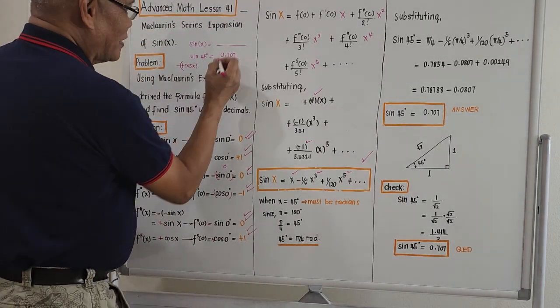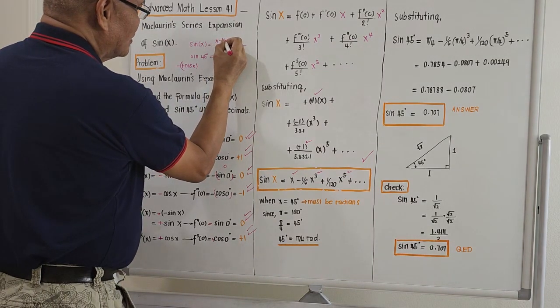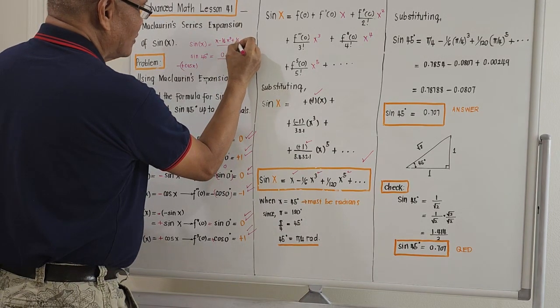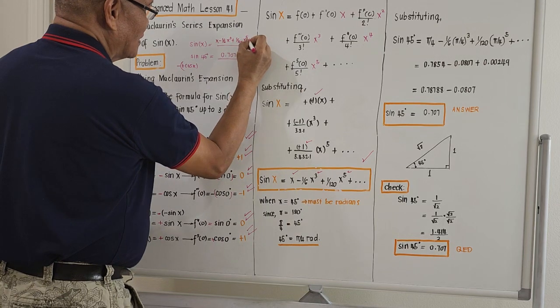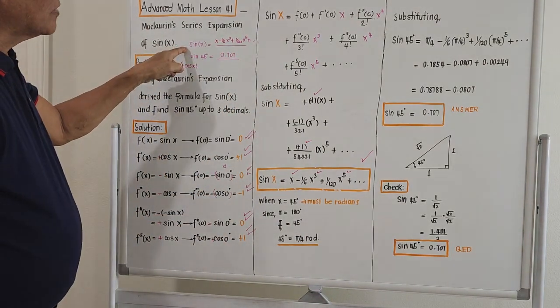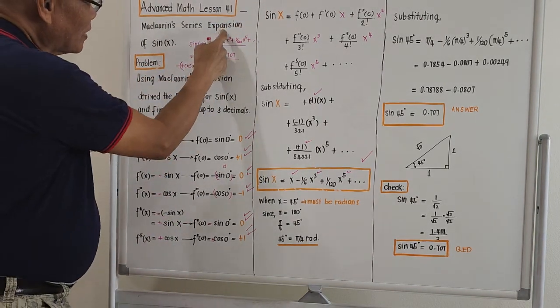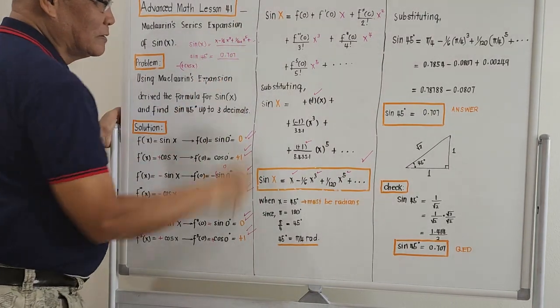So actually this is x minus 1 over 6 x cubed plus 1 over 120 x to the fifth plus that. So this is now sine of x, and the expansion by using Maclaurin's is x minus 1 over 6 x cubed plus 1 over 120 x to the fifth plus that.